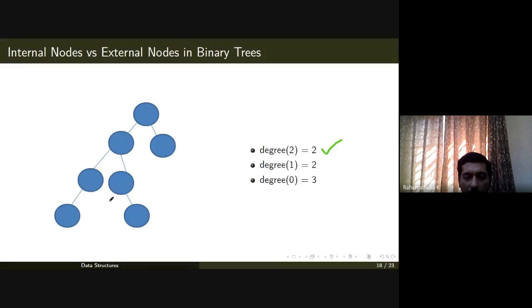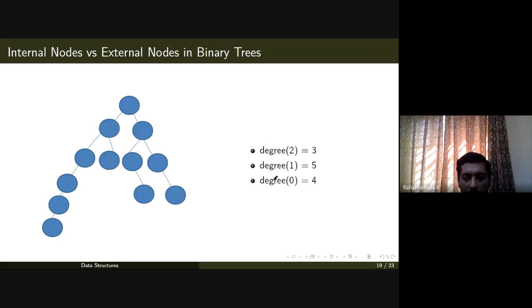This node is degree 1, this node is degree 1, so two nodes have degree 1. Degree 0 is 3, so three nodes have degree 0. So it is 2 plus 2 plus 3, which is 7. So two nodes have degree 2, two nodes have degree 1, and three nodes have degree 0.